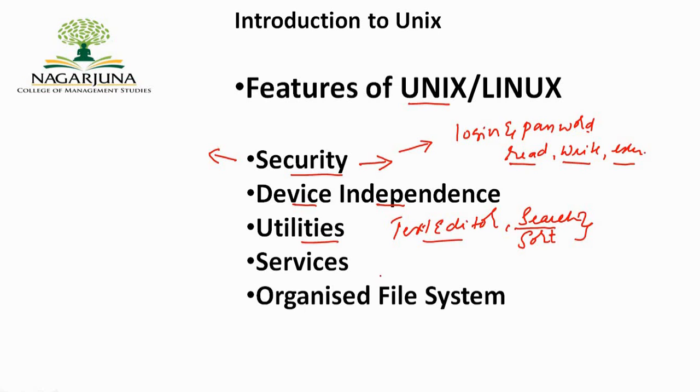As I told you earlier, all your input output devices and your memory are also identified as files. Whenever these components are identified as files, it becomes very easy for your Unix file system to access them and maintain the files and directories in an efficient way.